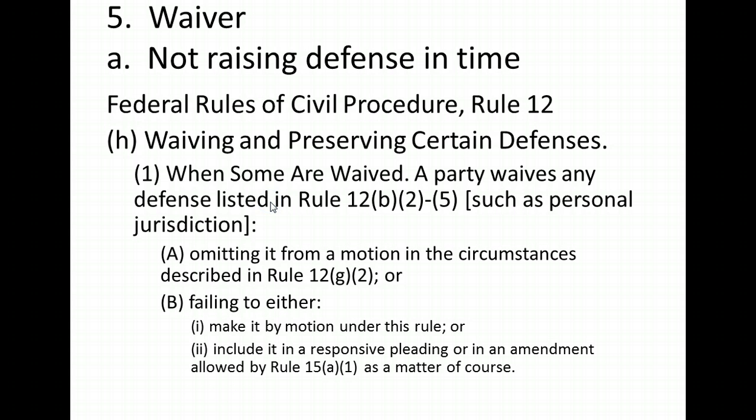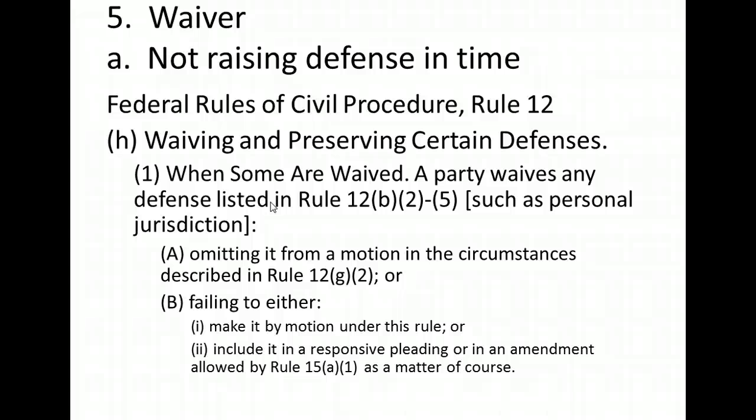Somewhat related to consent, but a little bit different, is the idea of waiving the defense of personal jurisdiction. And the first way that you can do that is simply by not raising the defense in time. As we are going to discuss, I believe, later in the semester, personal jurisdiction is actually a very easy defense to waive if you don't do it pretty quickly at the beginning of the lawsuit.